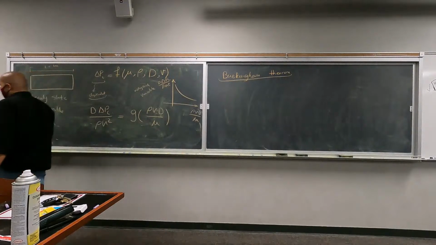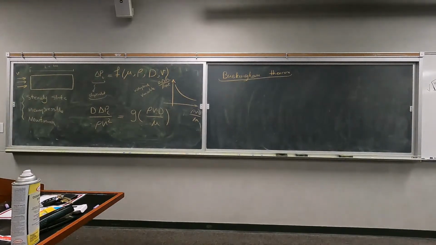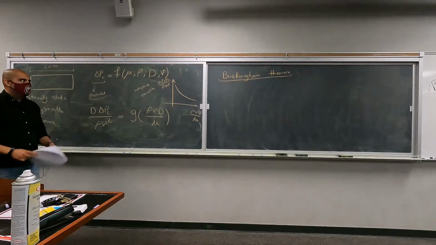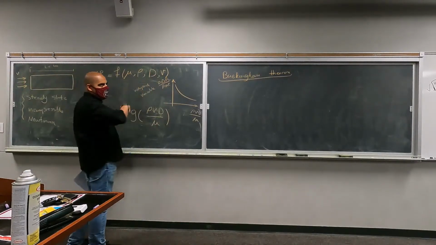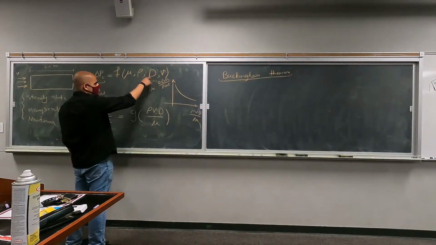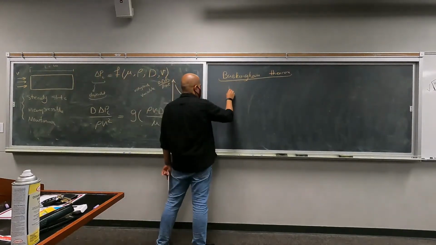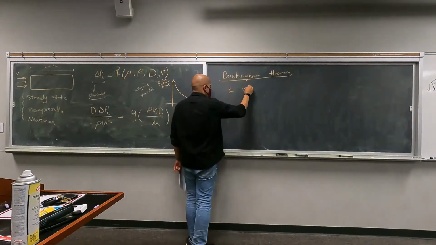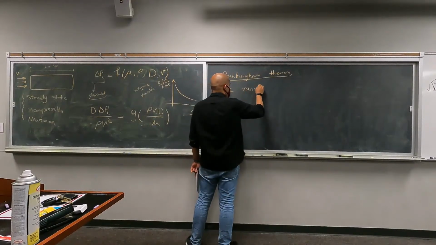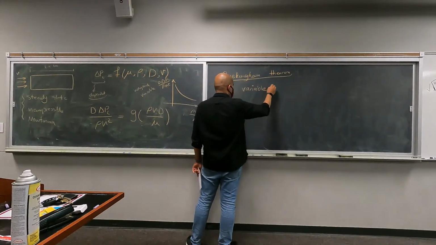Okay, Buckingham pi theorem tells us that you have to count the number of variables first. Right? How many variables do we have here? 1, 2, 3, 4, 5. The number of variables is going to be k. Let's say k variables.